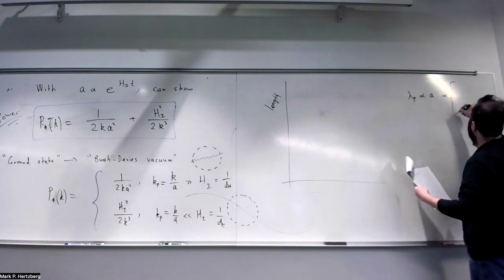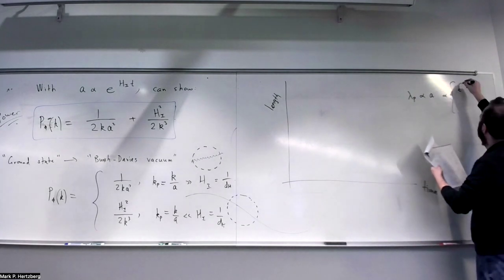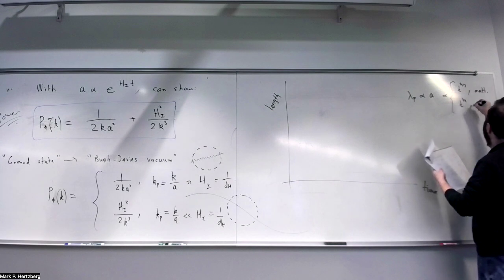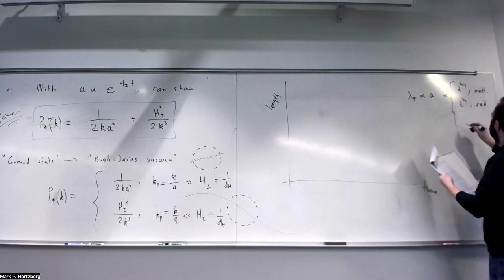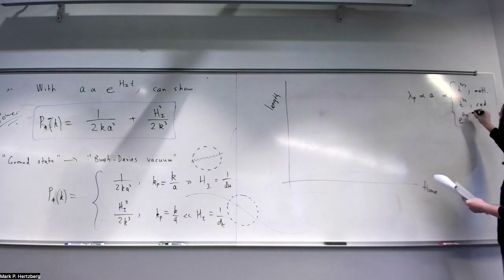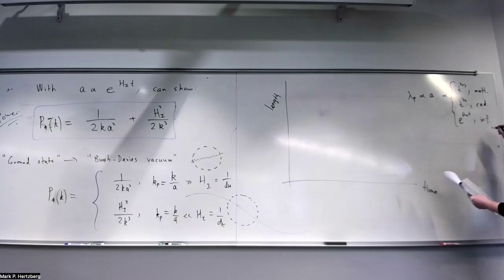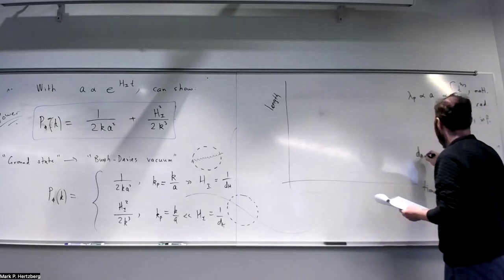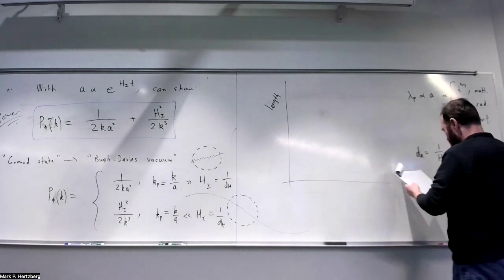And we've talked about how the scale factor is t to the 2/3 in the matter era, t to the 1/2 in radiation, but now it's e to the Ht in this inflationary era. And we can compare this to the Hubble length, which is 1 over H.